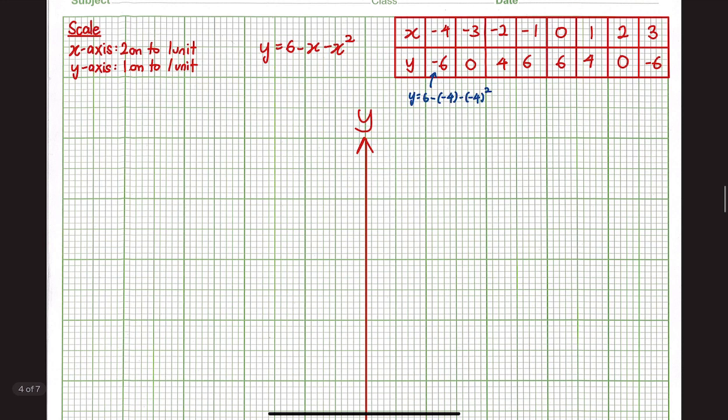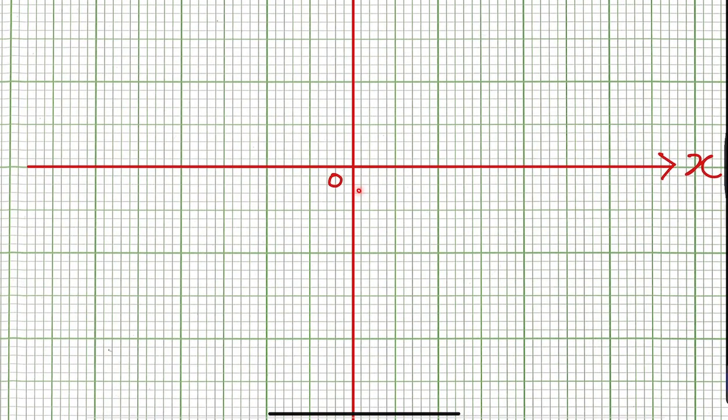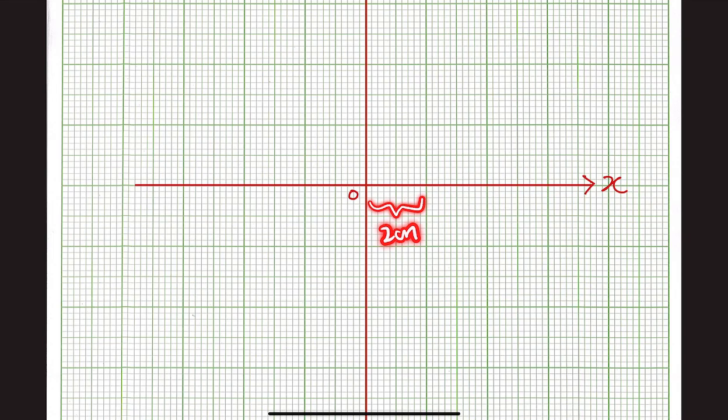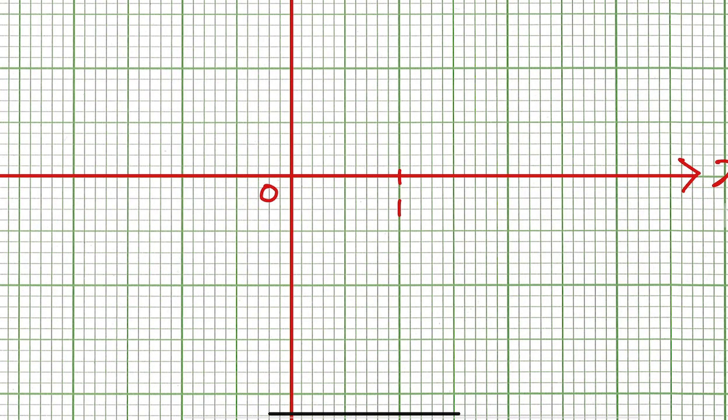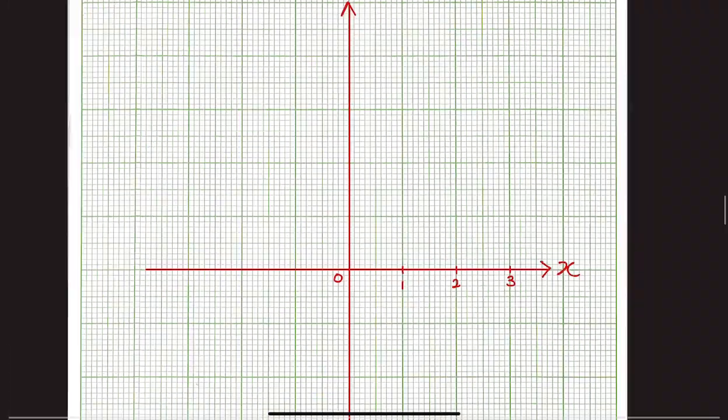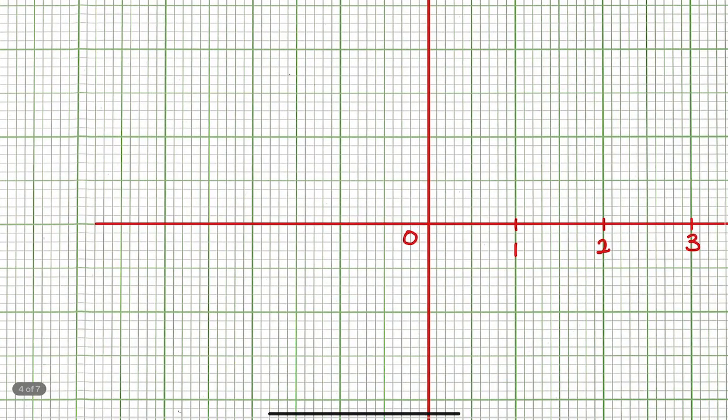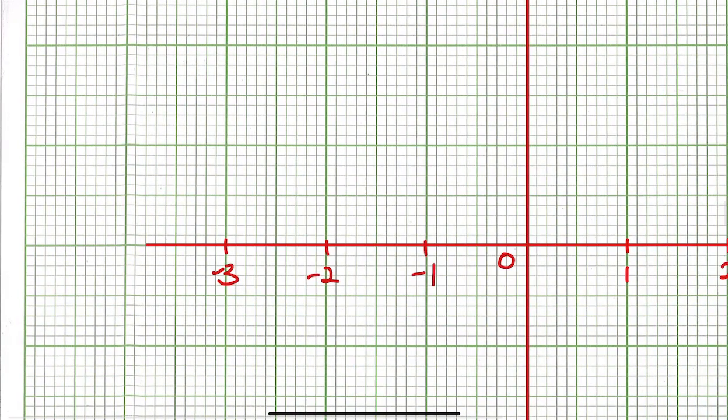The scale says 2 cm to 1 unit on the x-axis. That means every 2 cm, I mark out 1 unit. Here is 1, here is 2, here is 3. I mark out backwards: -1, -2, -3. Also, you need to have until -4, so I'll extend my axis and draw until -4.